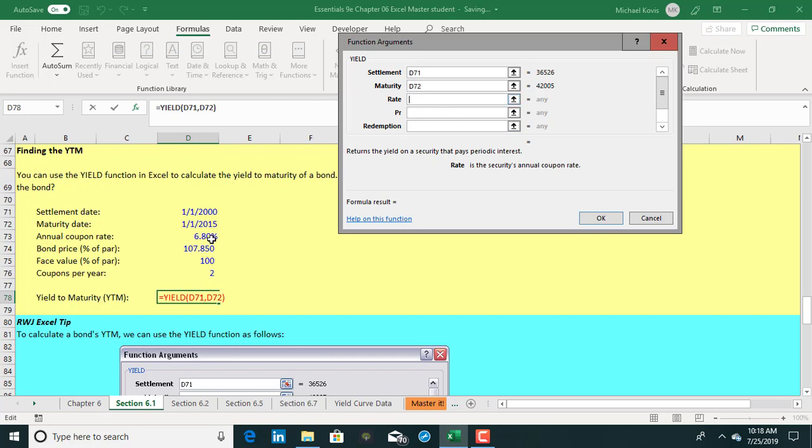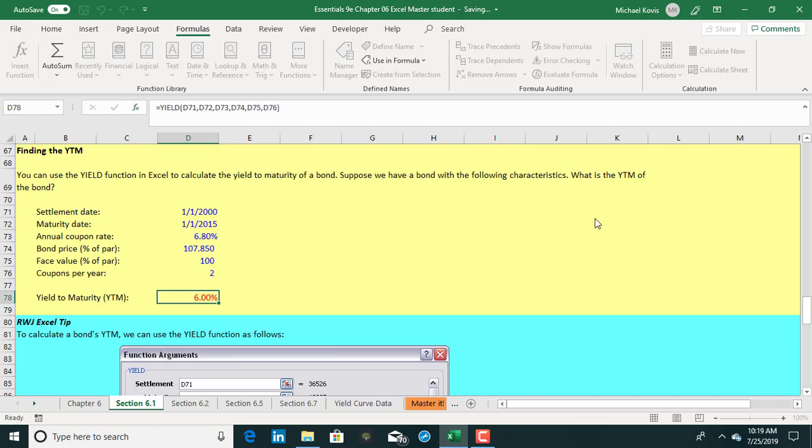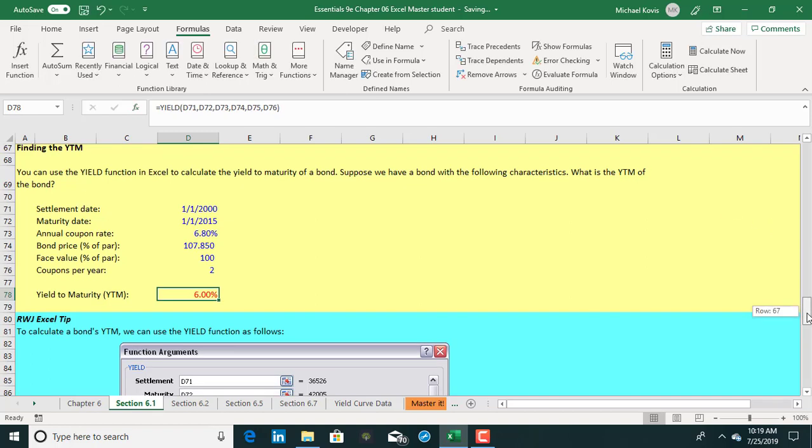The PR is the price, and again, they want it as essentially a percentage. The redemption, and then scroll down, frequency, we're getting 2 coupon payments per year. And so our yield to maturity for that bond is 6%, even though the coupon rate is 6.8, which makes sense because the price is above 100.